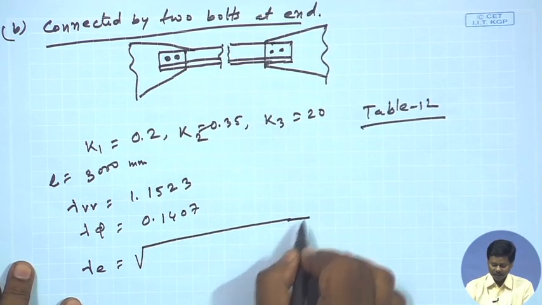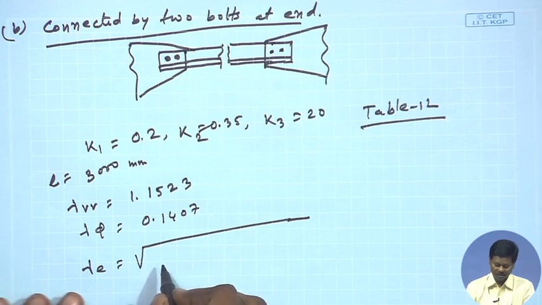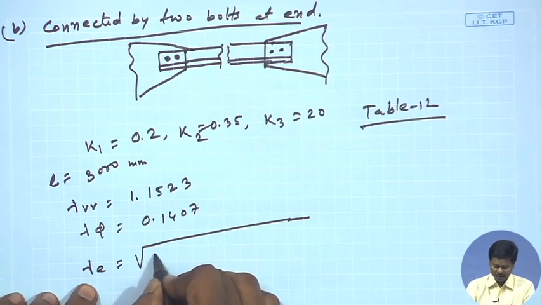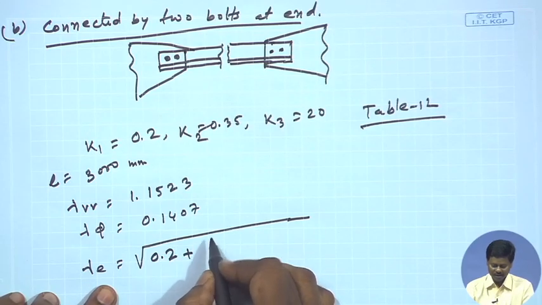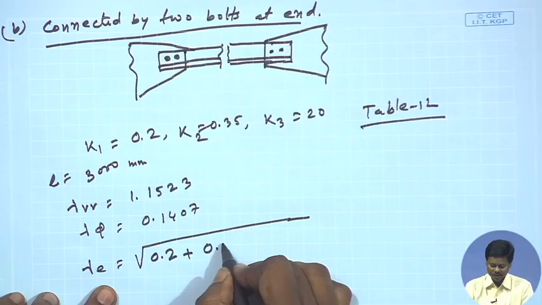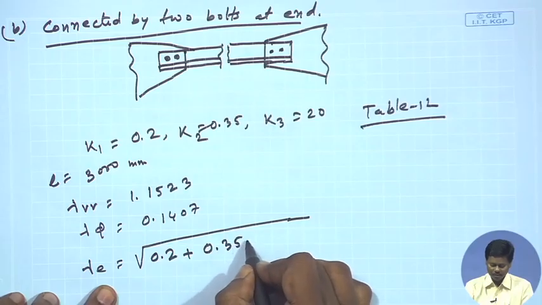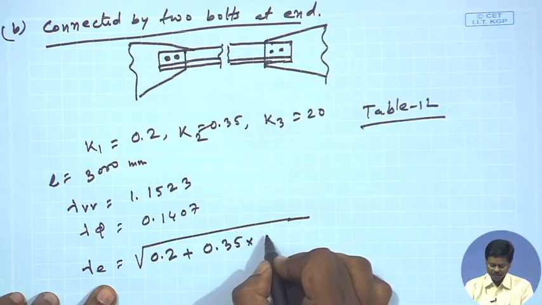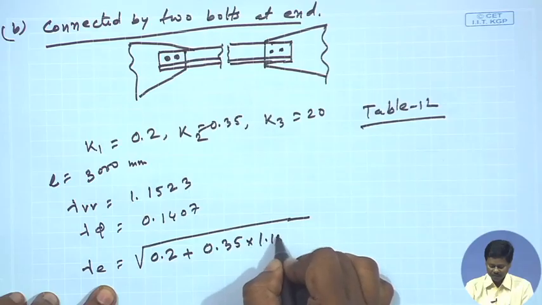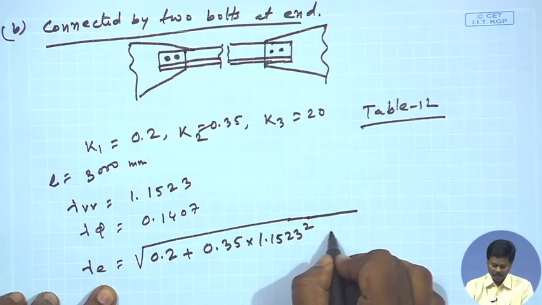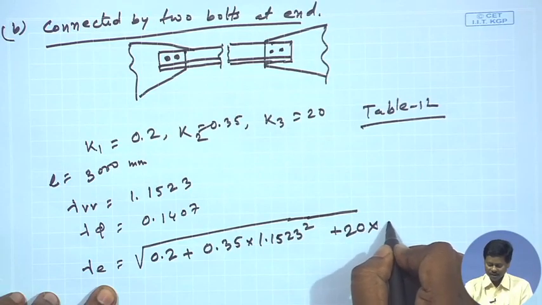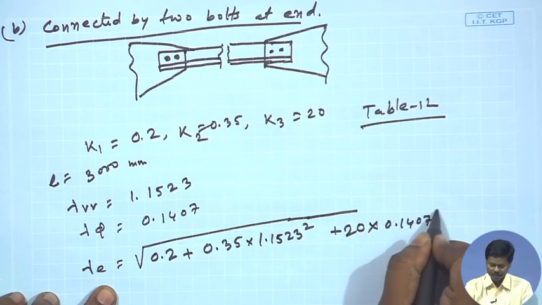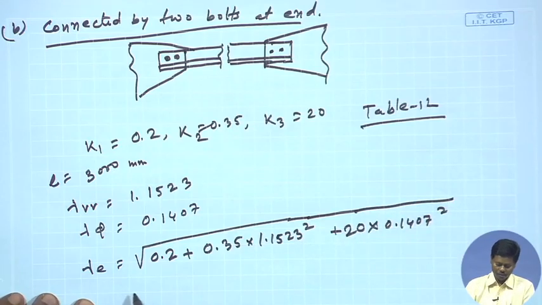So, if I put the value of K1, K2, K3 in the expression of lambda E, then I can find out the value of lambda E as like this: 0.2 plus 0.35 into lambda VV square, that is 1.1523 square, plus K3 is 20 into lambda phi square 0.1407 square. So, after calculation we can find out as this.